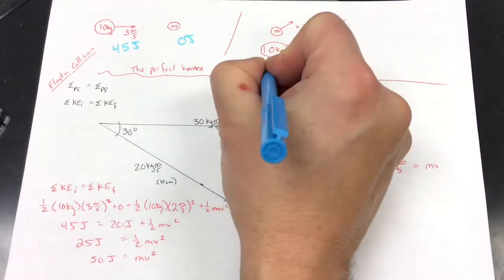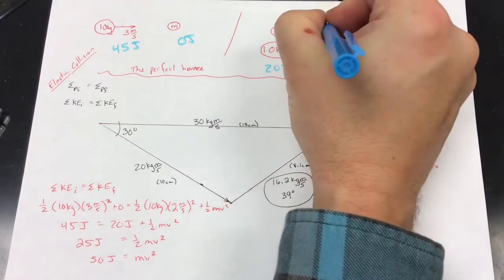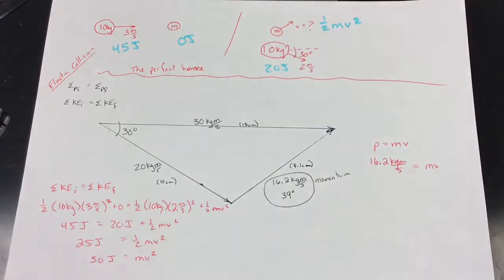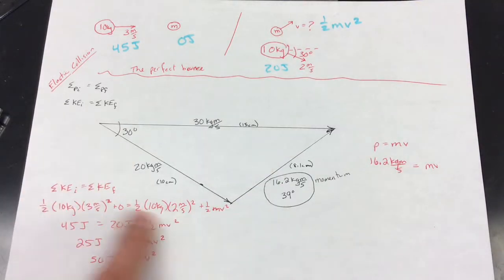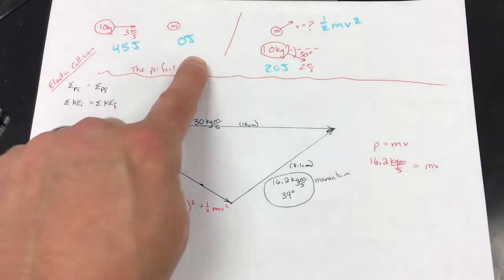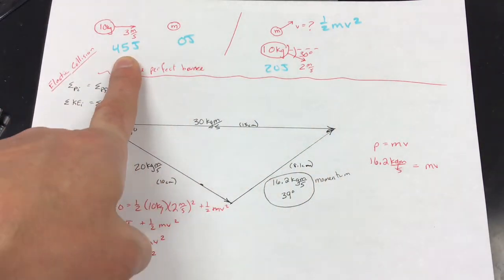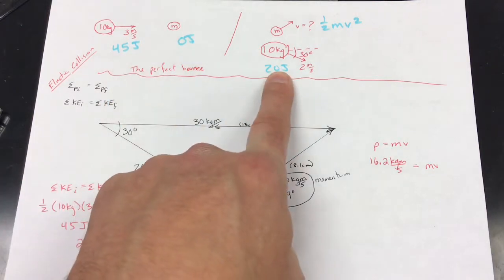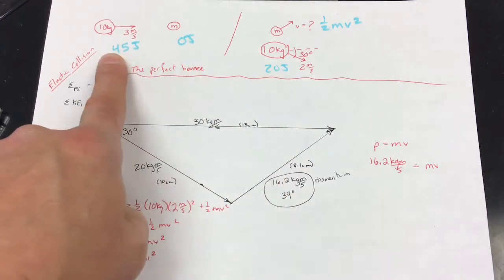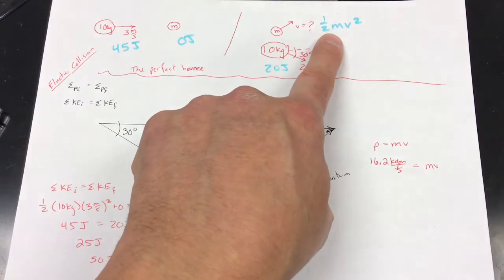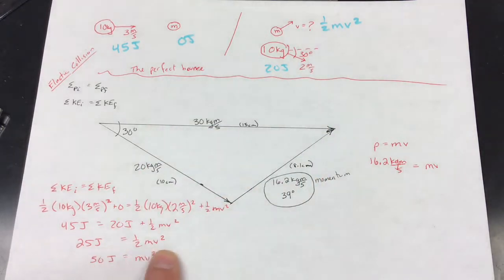This is 20 joules, and this is 1/2 mv squared. So rather than doing all this algebra, you can use the principle: look up here at those values for kinetic energy. 45, we subtract 20, is 25. So 25 is equal to 1/2 mv squared. Get down to this point, do some quick algebra, and get that.